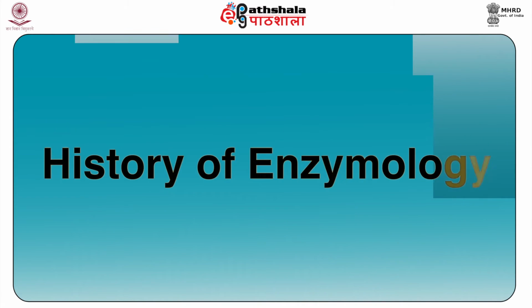Now, coming to the history of enzymology, research work on fermentation by Joseph Gay-Lussac determined that yeast decomposes sugar into carbon dioxide and ethanol. Jacob Berzelius proposed that malt extract, which is basically diastase, catalyzes starch hydrolysis much more efficiently than the chemical catalyst H2SO4.